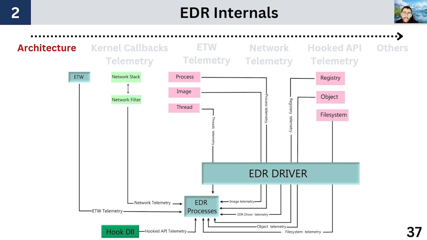EDR processes are user mode components that aggregate and analyze telemetry collected by the other modules to detect different and abnormal behavior.